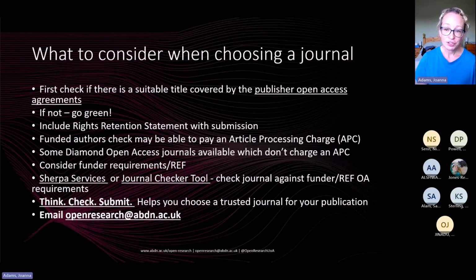So when you choose a journal to publish in, the first thing we would do is check if there is a suitable title covered by the publisher open access agreements. If there's not, and you don't have an option to pay to publish, take the green route and deposit the accepted manuscript in the institutional repository. So include your rights retention statement.